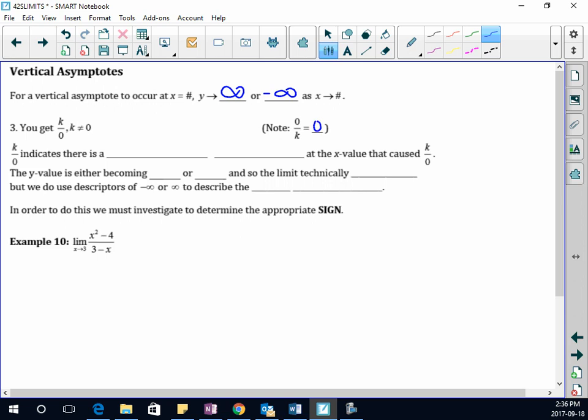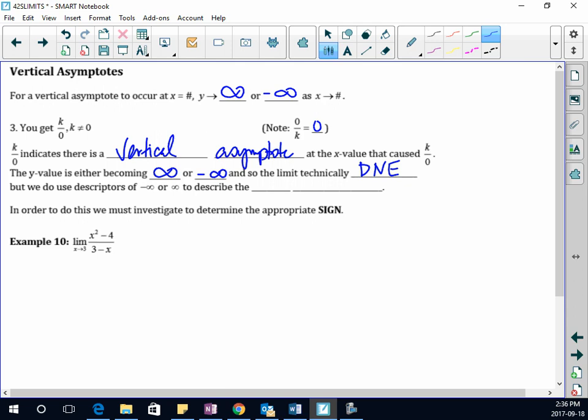Even though some of you were saying that k divided by 0 is 0, it's not the case. K divided by 0 indicates there is a vertical asymptote at the x value that caused the k over 0. The y value is either becoming infinity or negative infinity, and so the limit technically does not exist.